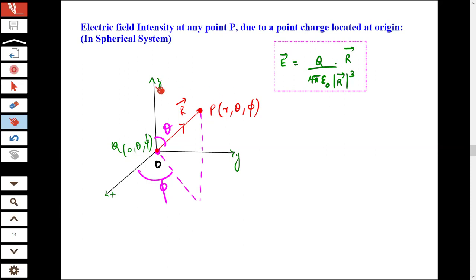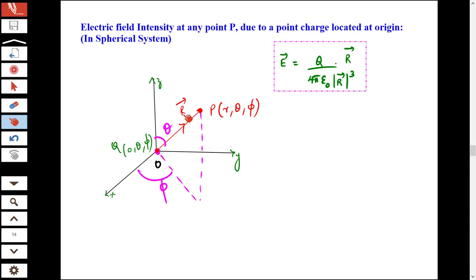When we move around the charge q in the elevation plane and also in the azimuth plane, the charge is appearing the same and the magnitude of electric field intensity remains the same with a constant radius of r. So we can say this type of system exhibits symmetry in two planes, in the theta plane and the phi plane.